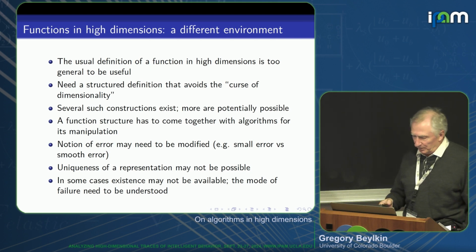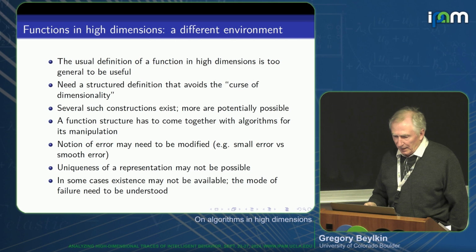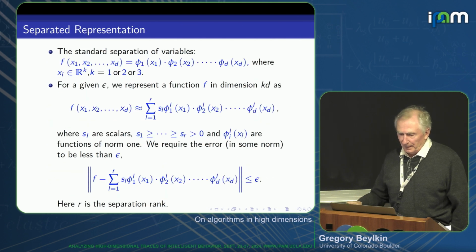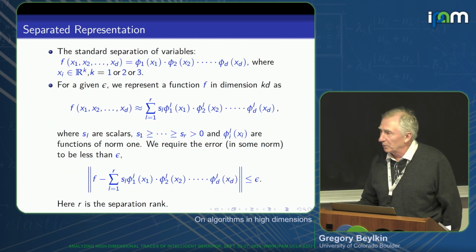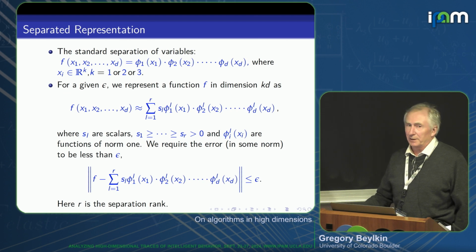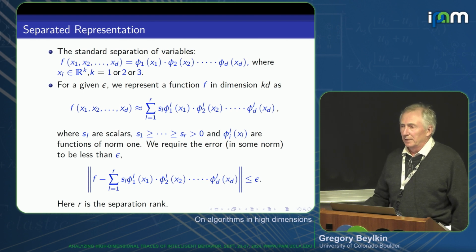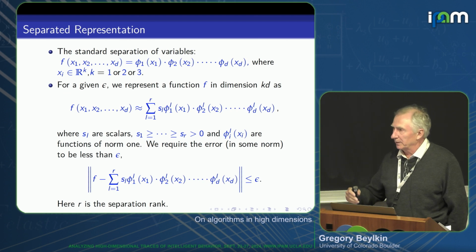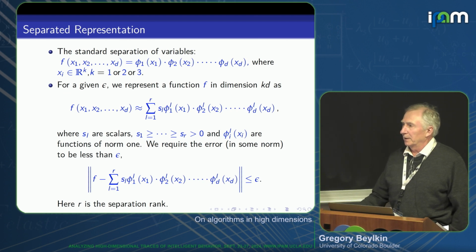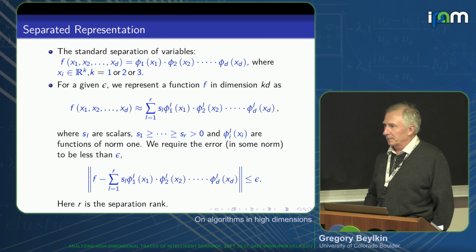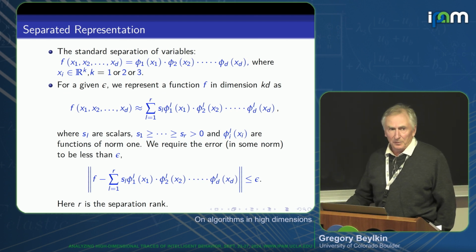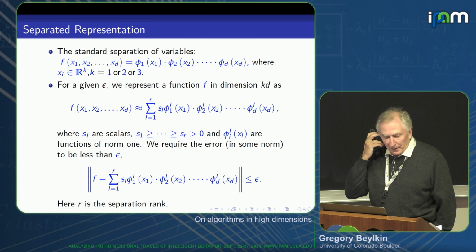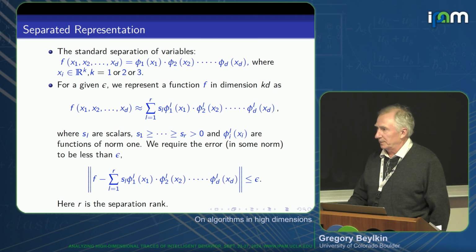Usefulness, and I will give you examples. All right, so I will talk about two structures of that kind. One is what we call separated representation, and I'll connect it to something that other people have done well before us. And the second one is multivariate mixtures.